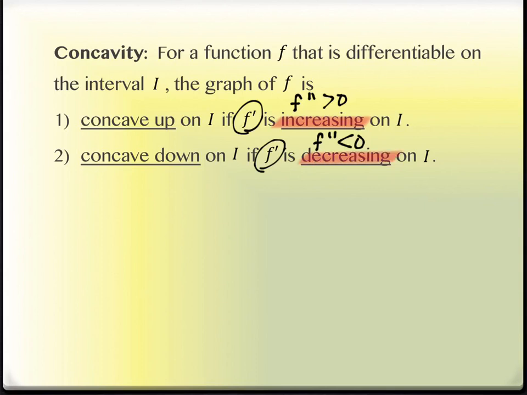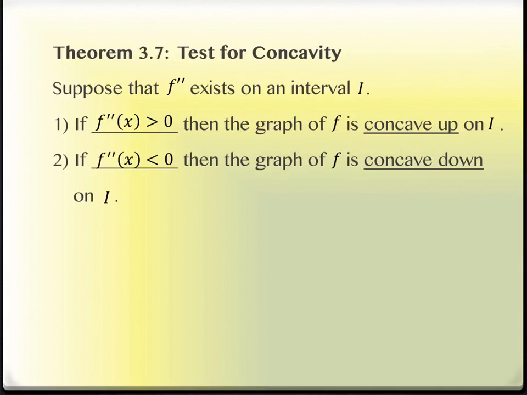So an increasing graph has a derivative that's positive, and a decreasing graph has a derivative that's negative. We're taking this definition of concavity and applying what we did in the previous section, where f prime is our function and we're looking at its derivative. That's where this test for concavity is coming from.